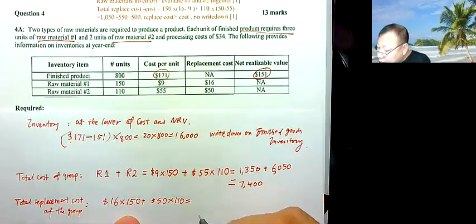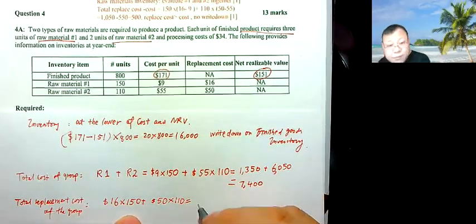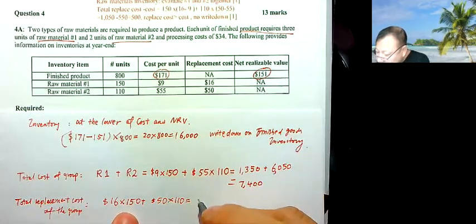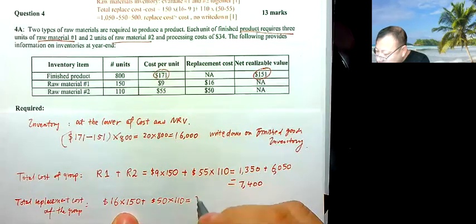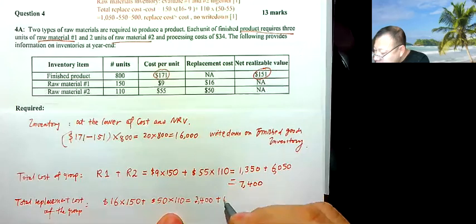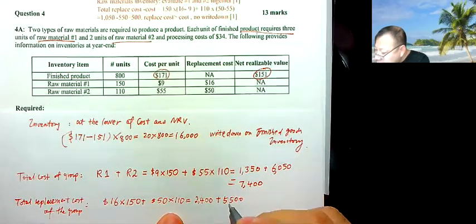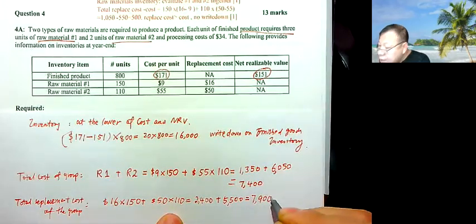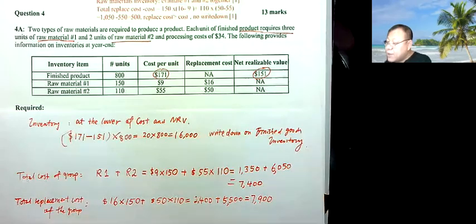Now I have 2400 plus 5500. That equals 7,900.